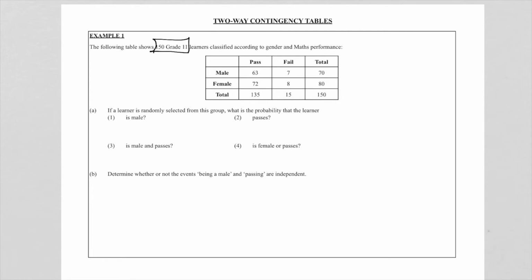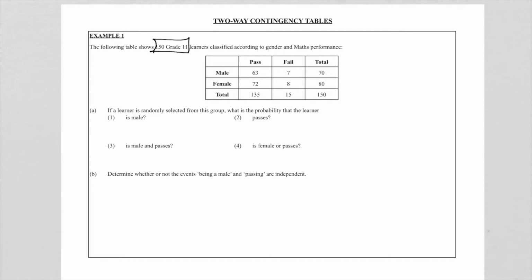The males that pass is 63, fail is 7, that is the total number of males. Females, 72 pass, 8 fail, that is the total number of females. And if you look vertically, the total number that failed is 15, the total number that passed is 135.